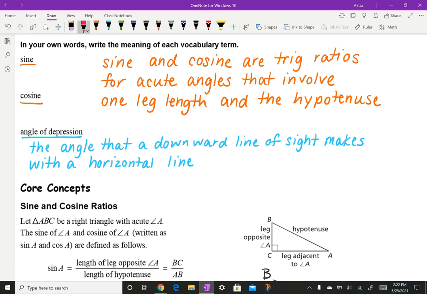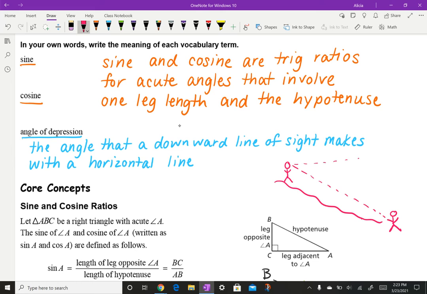All right. So, for example, if you have some person here, I'm just making this up. So here's their horizontal line of sight, but maybe they're looking down a hill. So maybe there's a hill right here and their friend is at the bottom, right? And so they're looking down at their friend, right?